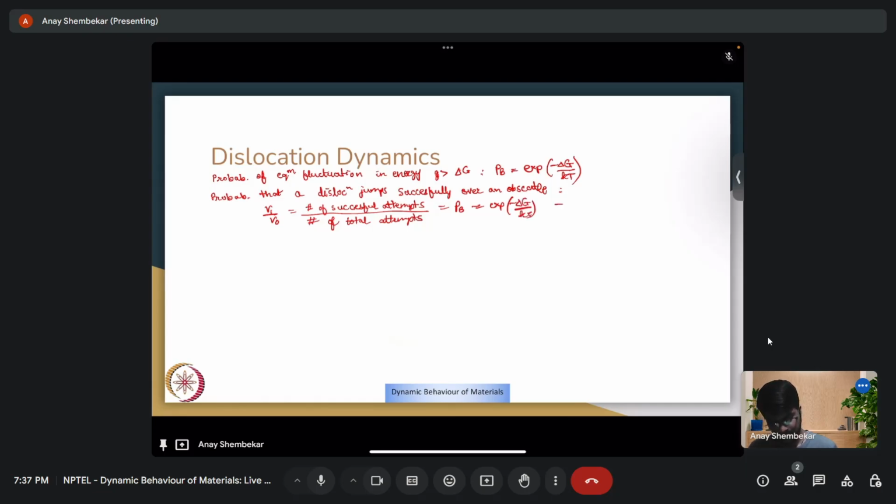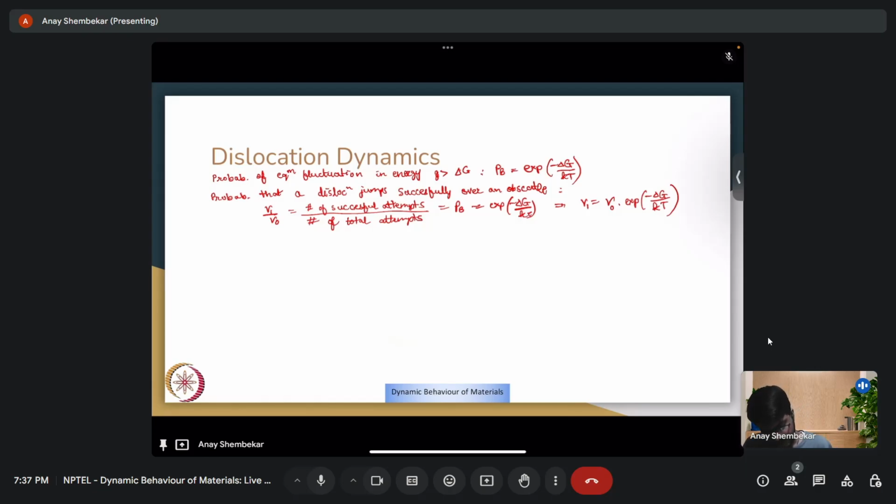This means the frequency of successful attempts is equal to nu naught exponent of minus delta G by kT. Nu naught is usually a couple of magnitudes smaller than the atomic lattice vibration frequency. So it's of the order of 100 gigahertz, if I recall it correctly.